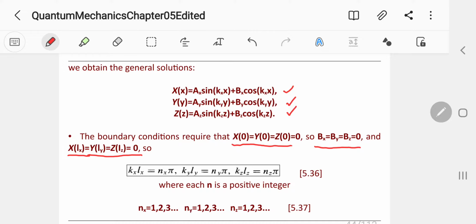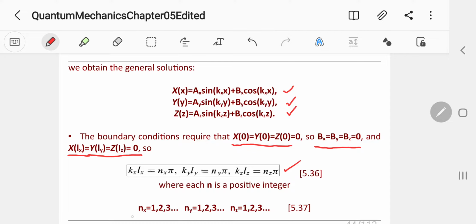So the only way that you can have that boundary condition is for kx Lx to be some integer times pi, and likewise ky Ly and kz Lz, in order for your wave functions to be 0 at the boundaries.